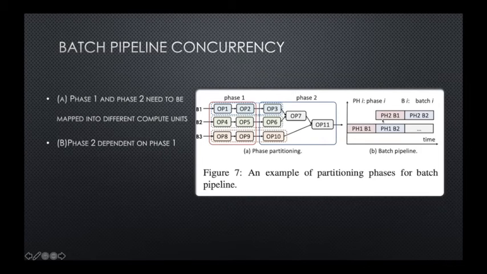When FineStream completes the processing for batch 1 in phase 1 and starts to process batch 1 in phase 2, FineStream can start to process batch 2 in phase 1 simultaneously. So phase 1 and phase 2 can co-run because they rely on different compute units, and this method can reduce the time delay.